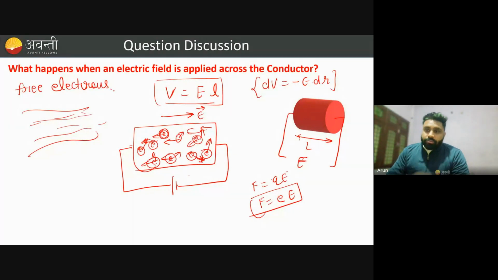Also, they are moving to and fro. If you take the example of a boat, and here, if I draw a boat, this is a boat, let's say, and it wants to cross this river. Here we want to reach this point, and the river is moving in this direction. So what would happen?